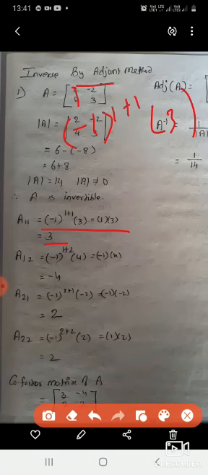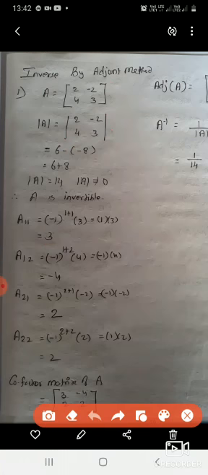Then A12 is first row, second column. So minus 1 the whole power 1 plus 2. Leaving this row and column, we are getting 4. That 4 into minus 1 the whole power 3 is minus 1 into 4, minus 4.